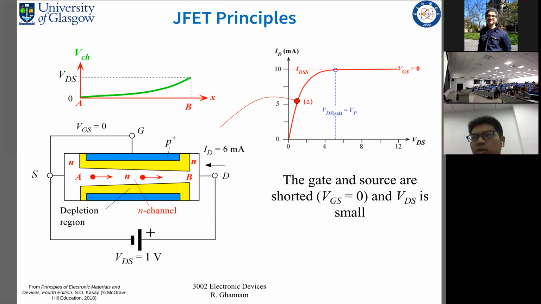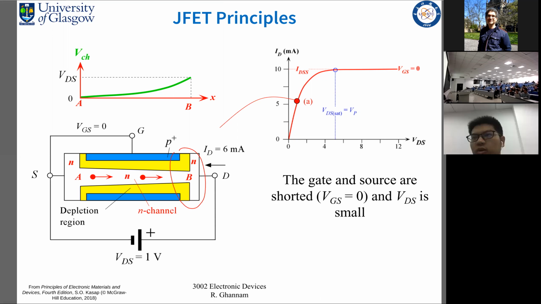So just to recap, keeping first of all VGS equal to 0, here we are assuming that VGS is still equal to 0. But gradually increasing VDS results in a reverse bias in this region of our JFET, which means that the depletion regions are starting to touch each other.